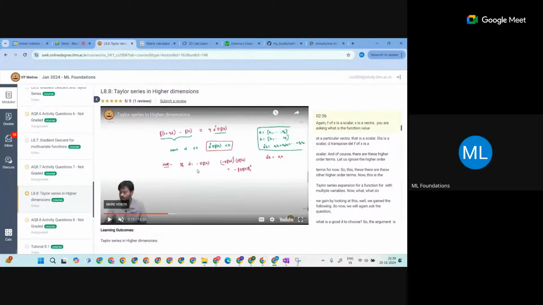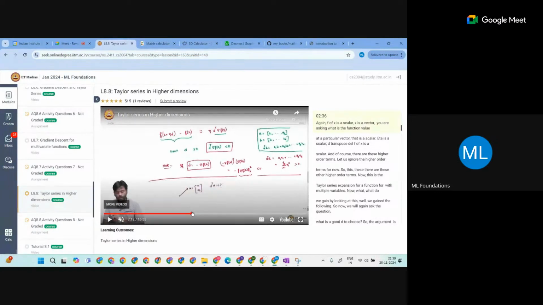Sir is telling you the theory. If D is this one, in that case this part is going to be just your modulus, and this part is going to be negative. So he's actually resulting something. Otherwise, D is generally your increment.